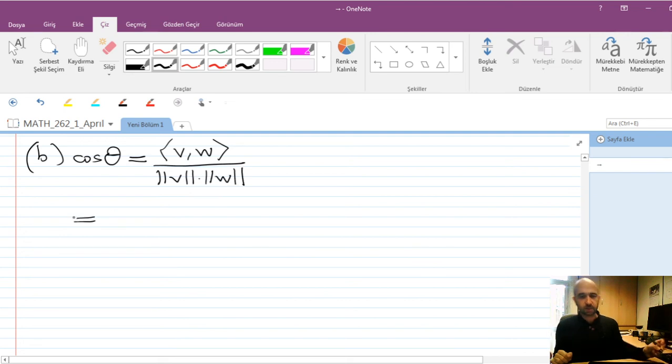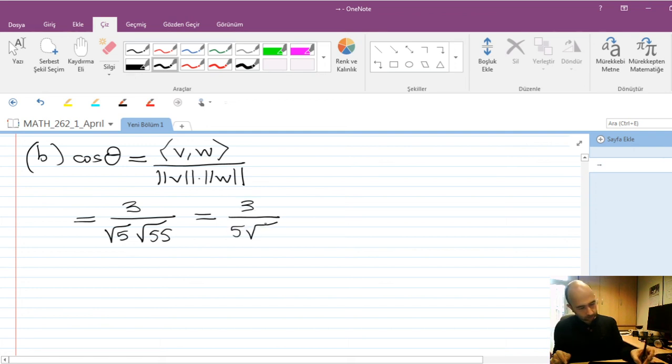And in this example, everything is quite straightforward to compute. Again, you have 3 here, and the lengths are root 5 and root 55. So you want to find the angle whose cosine is 3 over 5 square root 11.